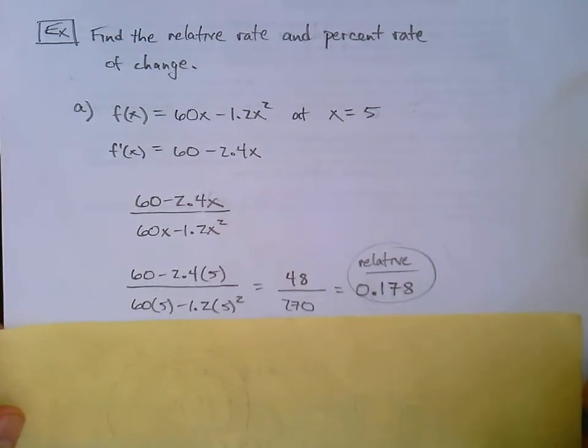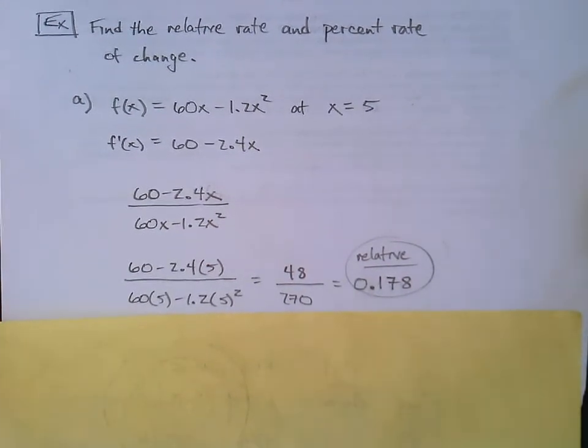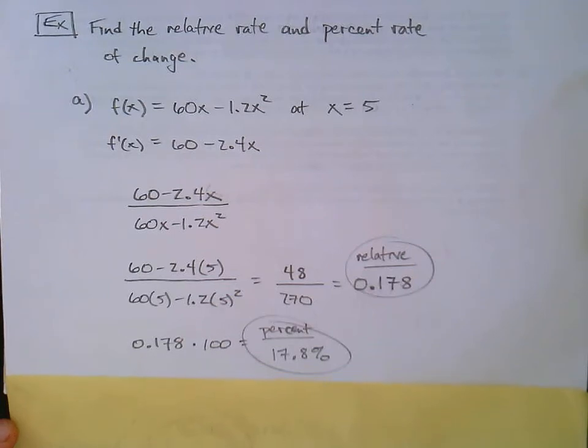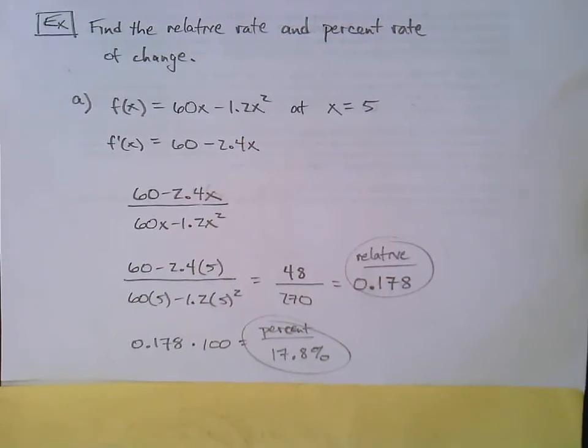If the relative rate of change is 0.178, we also want to find the percent rate of change, but we've done most of the work already. All we need to do is multiply that decimal 0.178 by 100, and we've got 17.8% rate of change.